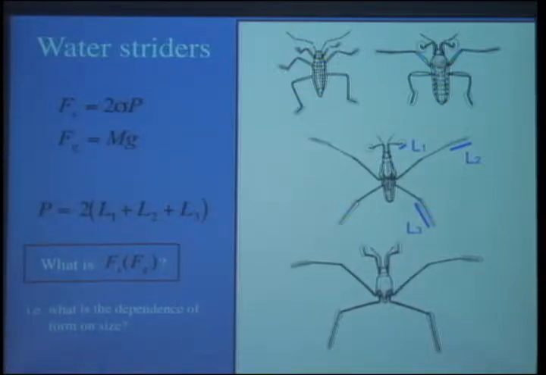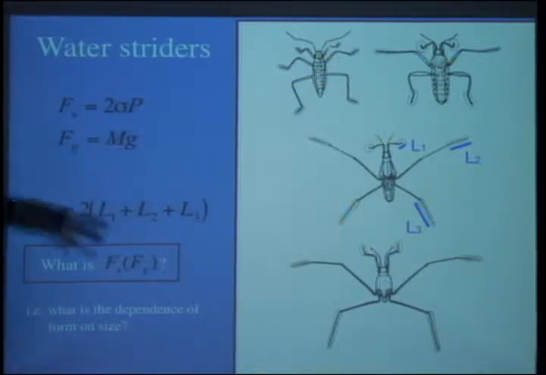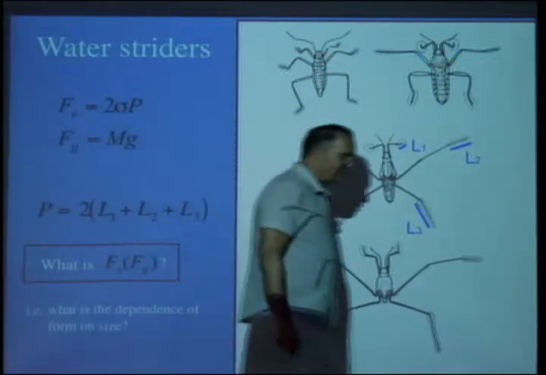So you can ask, for these creatures, what is the dependence of the form on size? Do their legs scale, are they isomorphic? As they get bigger, does their shape change? You expect that they might, because as they get bigger, their weight gets larger, so maybe their legs have to get longer in order to maintain their position on the interface.